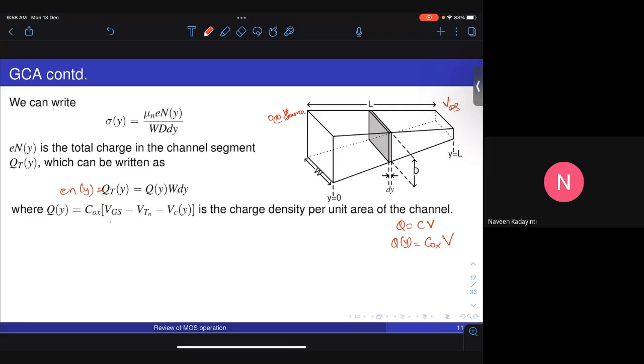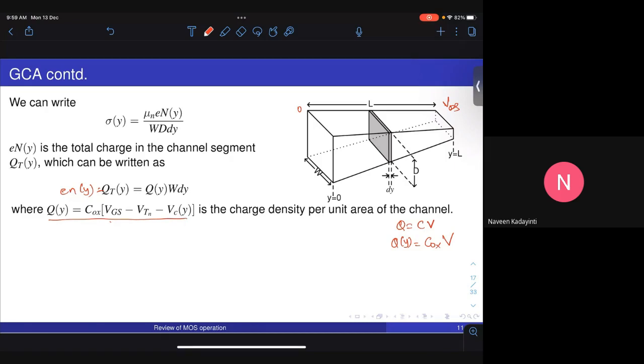So Vc of Y is also a function of Y. The channel potential changes from VDS to 0 as you go from the drain to the source. So the charge density Q of Y is given by this expression.